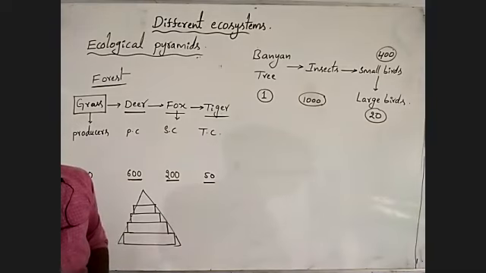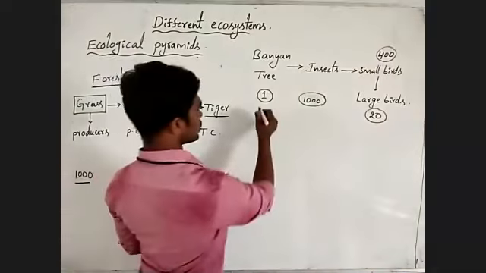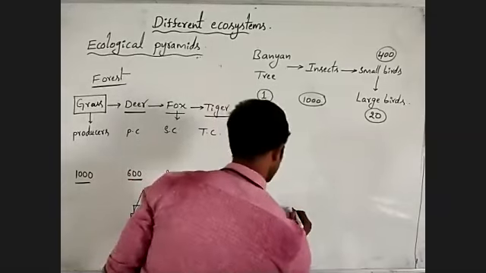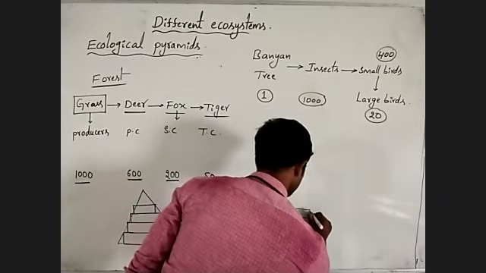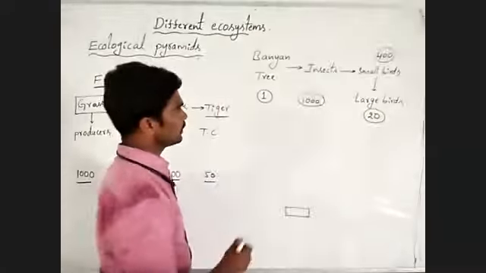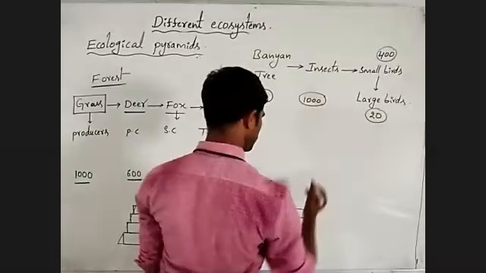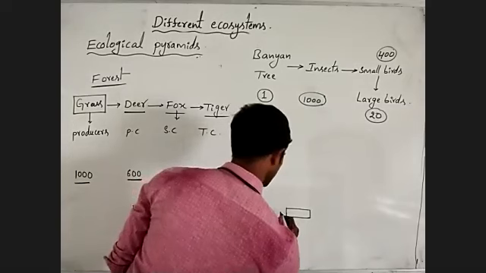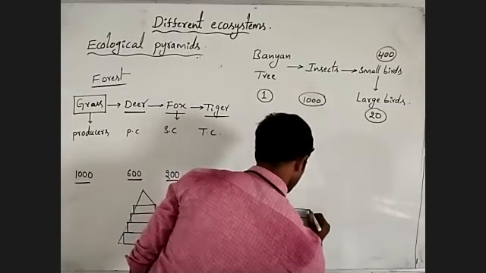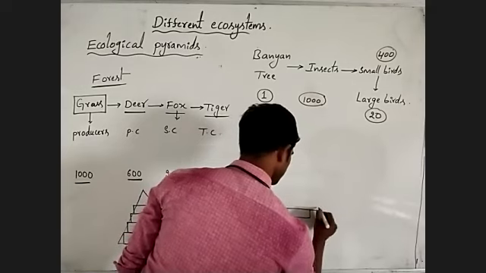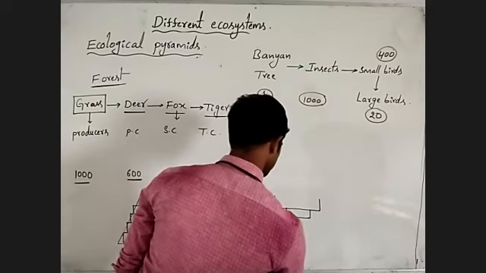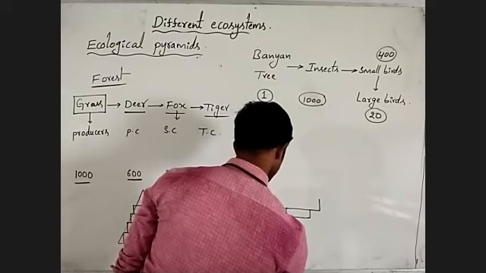Understanding? Observe carefully. First here, the producer's number is 1, so this is the bar for number 1. Next, insects number 1000, so we have to draw a large bar compared to the producer.